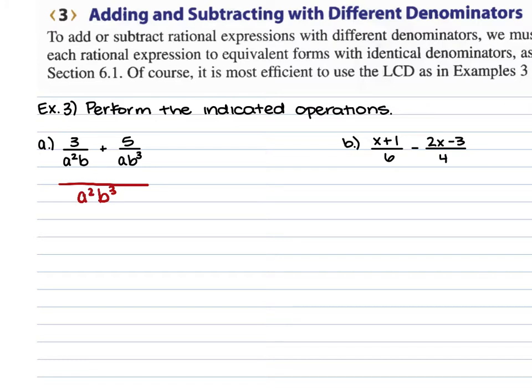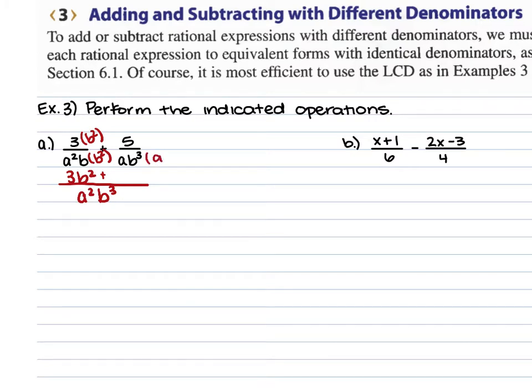From there, what did you do to the a squared b, the denominator of the first fraction, to make it a squared b cubed? You multiplied it by b squared. So do the same thing up top. So that 3 is going to be multiplied by b squared, so it's going to give you 3b squared. Next you have that ab cubed. How did you get that ab cubed to be a squared b cubed?